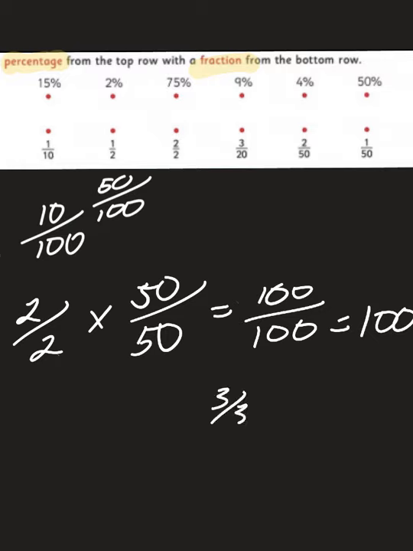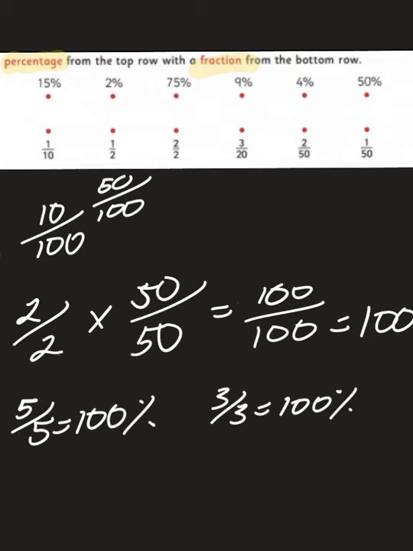Similarly, 3 over 3 is equal to 100%. Or 3 out of 3 if you had a test. 5 out of 5 is equal to 100%. So 1 whole.